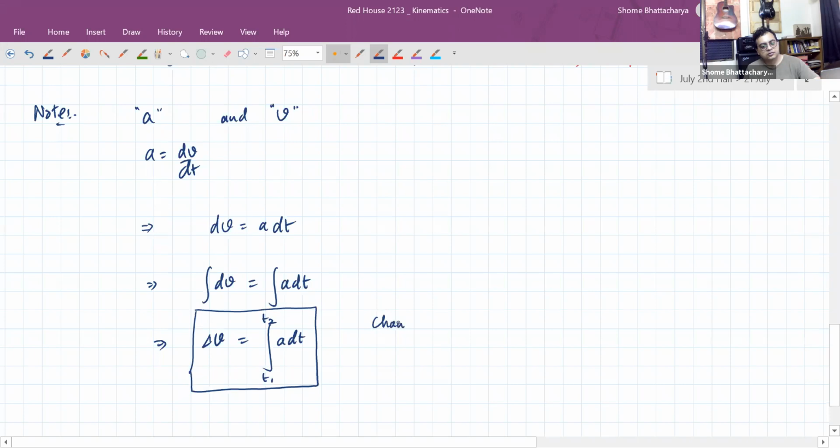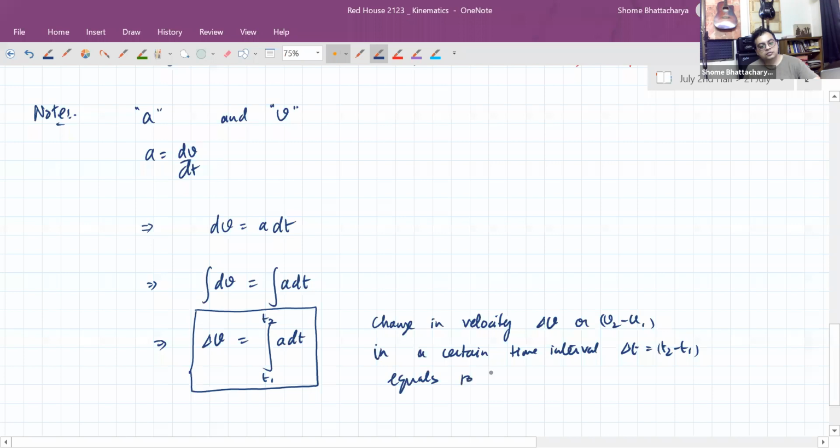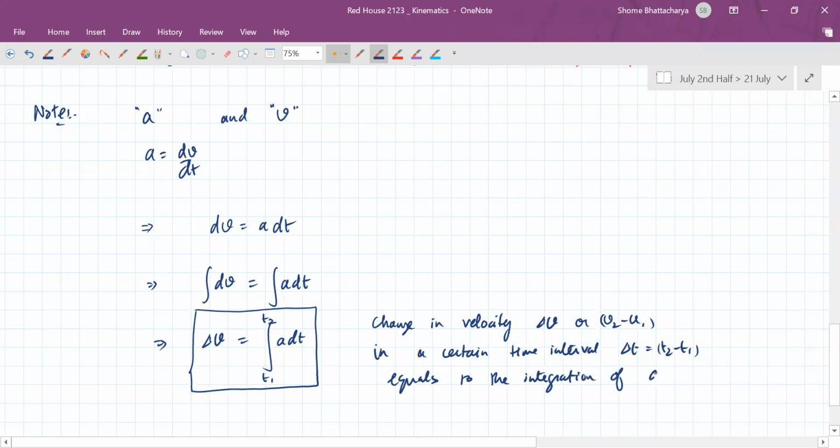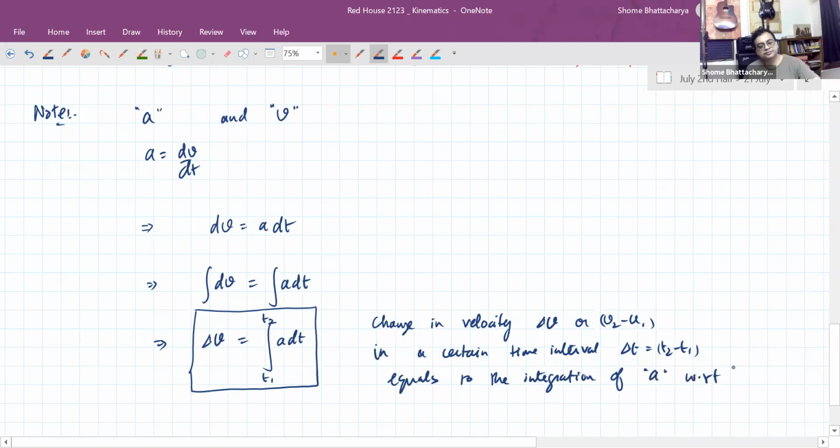So change in velocity, delta v or v2 minus v1, in a certain time interval equals the integration of acceleration with respect to time from the initial time t1 to the final time t2.